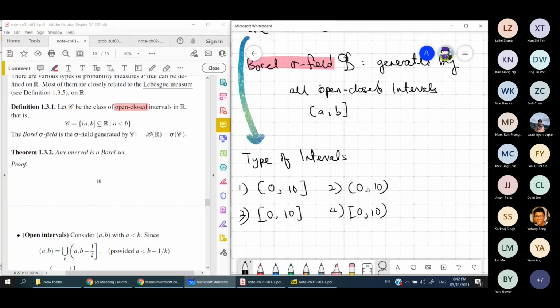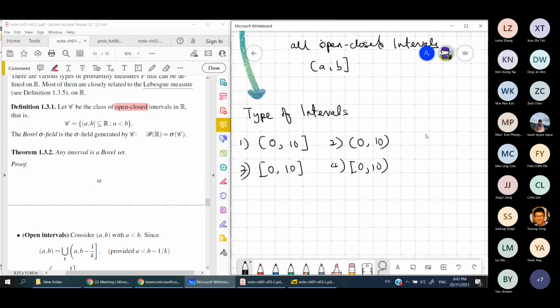Okay, we can actually extend this idea to another 4 types, which involve infinity. For example, we can have a closed interval up to negative infinity, or an open interval up to negative infinity.